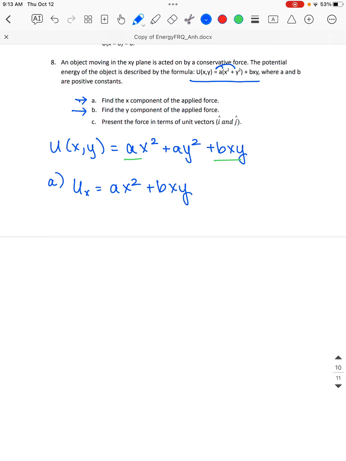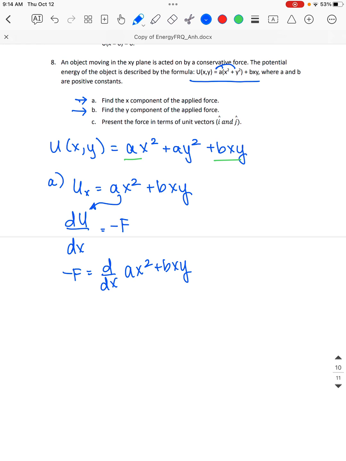I have the equation du over dx is equal to the opposite of force. So since I have u, I'm going to plug that in here and take the derivative. So negative force is equal to d dx of ax squared plus bxy.